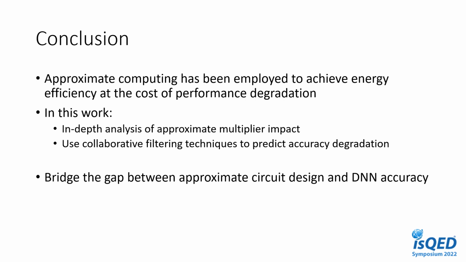We leverage the layer sensitivity information to build a matrix, and we apply collaborative filtering techniques to predict the accuracy degradation inflicted on a target DNN when selecting different approximate multipliers. This work aims to bridge the gap between approximate circuit design and DNN accuracy by providing useful insight into the impact of approximation error on DNN inference.